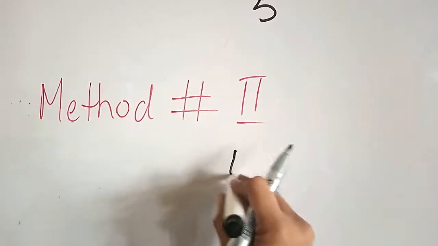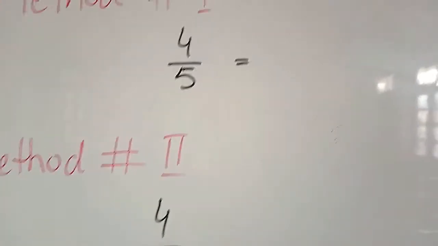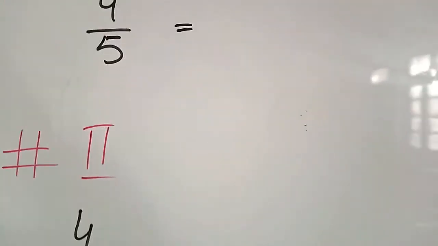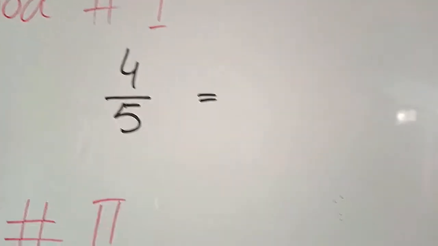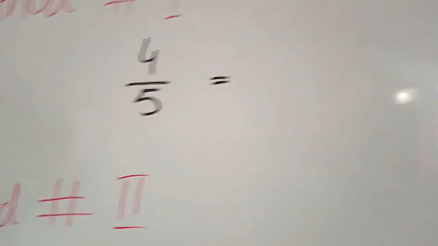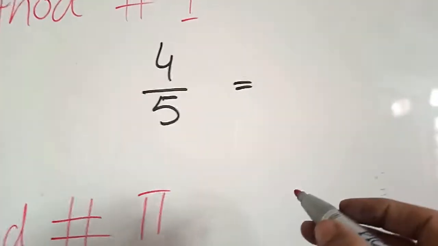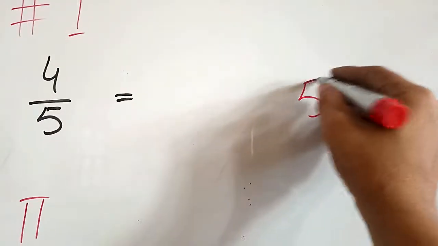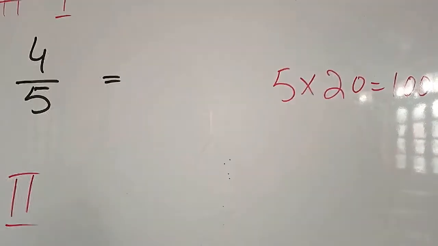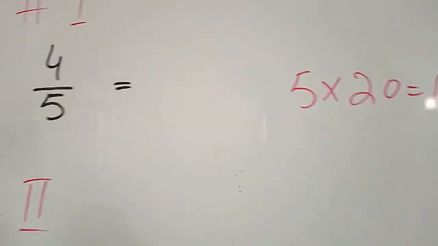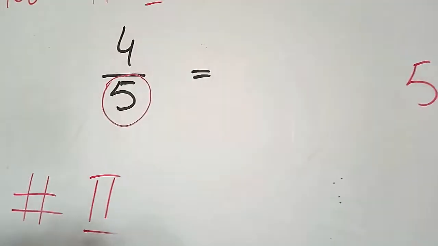The same number I will take in method number 2. But first of all we will do method number 1. According to method number 1, beta, we have to change the denominator into 100. I have told you that 5 twenties are 100. Then for 4 by 5, we have to make this denominator 100.